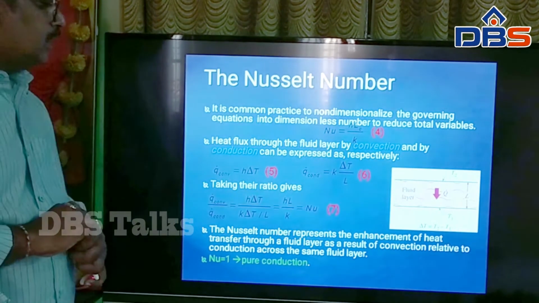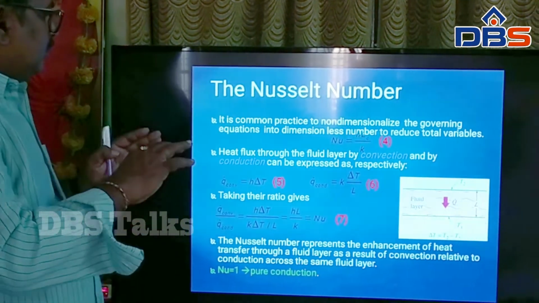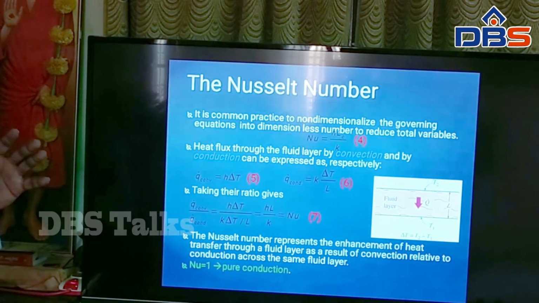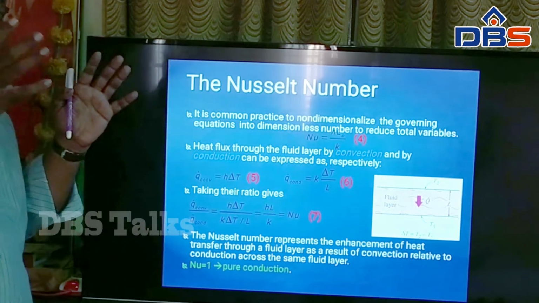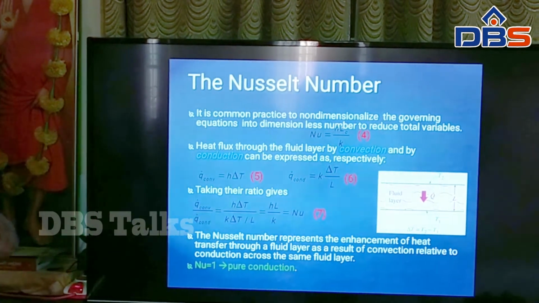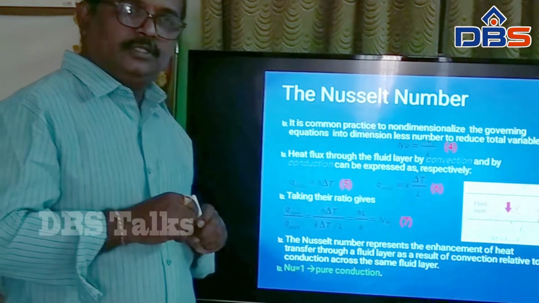And in convective heat transfer, in many cases the problems are very complicated. There are many variables involved. To simplify the problems, we use some non-dimensional numbers.